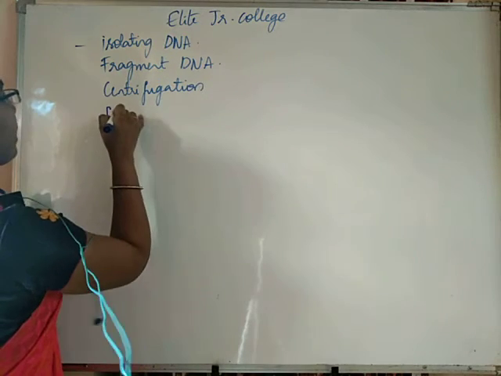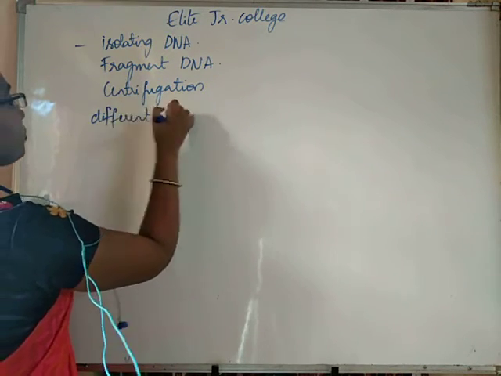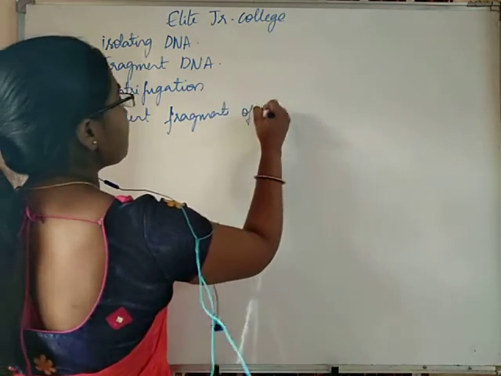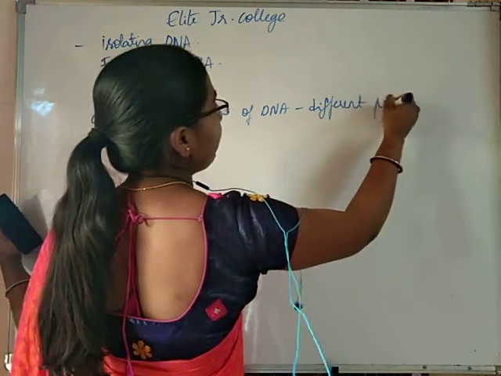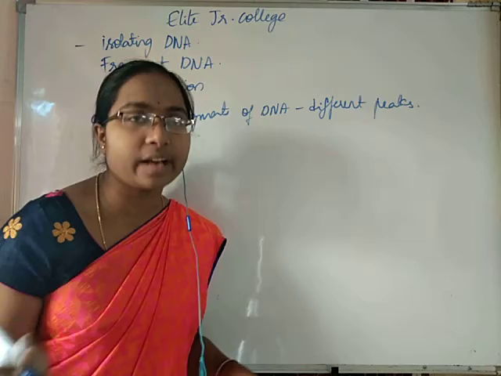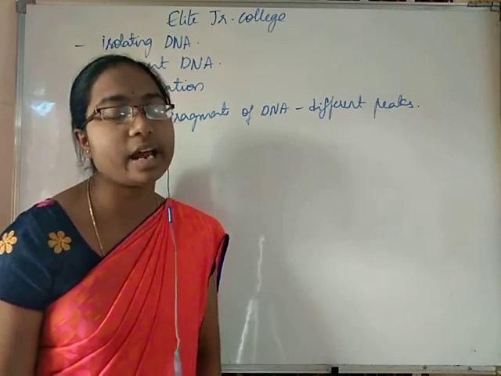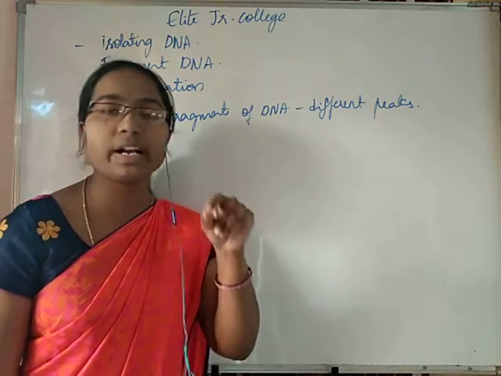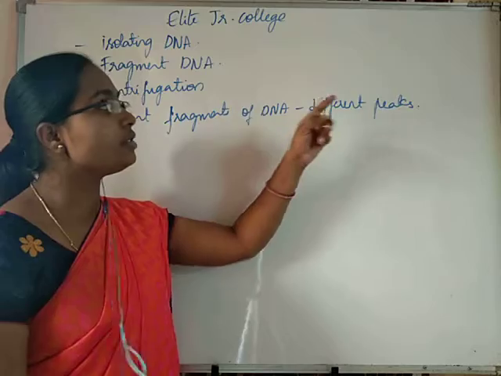So, different fragments of DNA produce different peaks after centrifugation if the amounts obtained are graphed. If the amount of nucleotides present in that particular DNA is graphed, it gives different peaks.